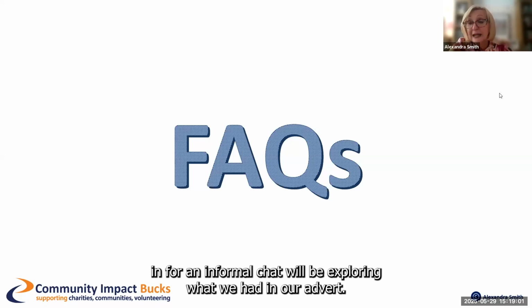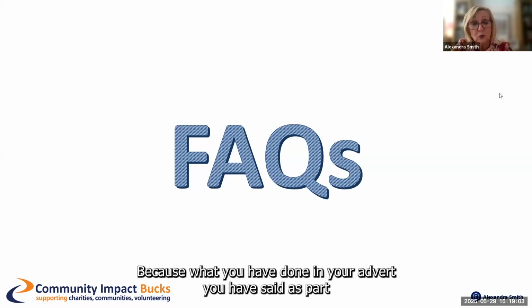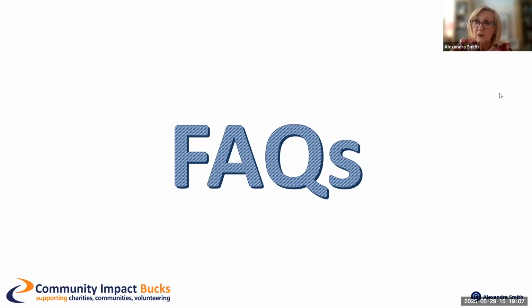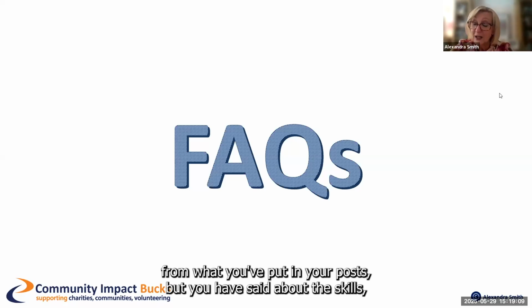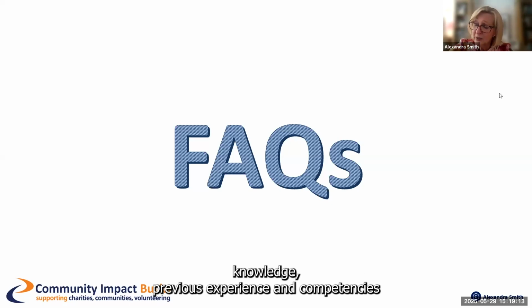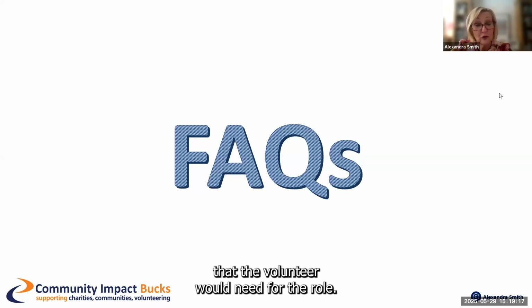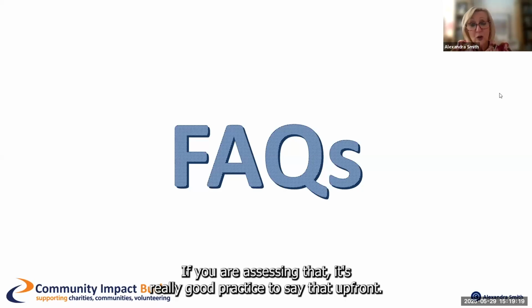We'll be exploring what we had in our advert, because in your advert, as part of your person spec, you have talked about the skills, knowledge, previous experience, and competencies that the volunteer would need for the role. If you are assessing that, it's really good practice to say that up front.